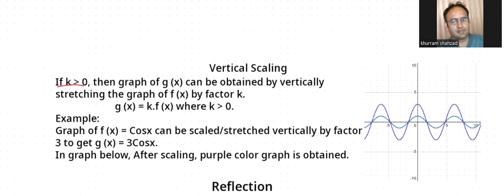This is the mathematical form of it. k is some positive real number and f of x is some function.